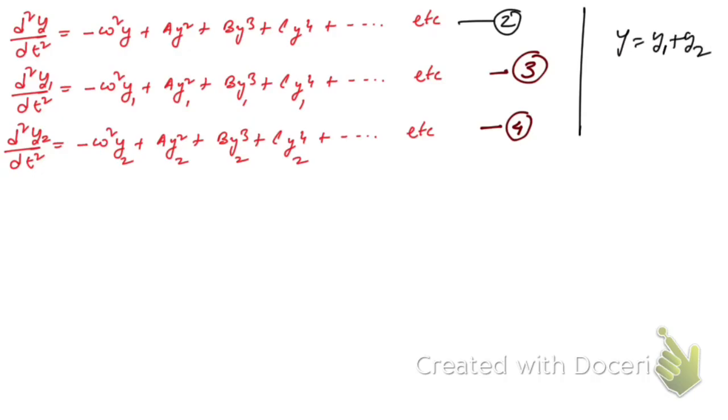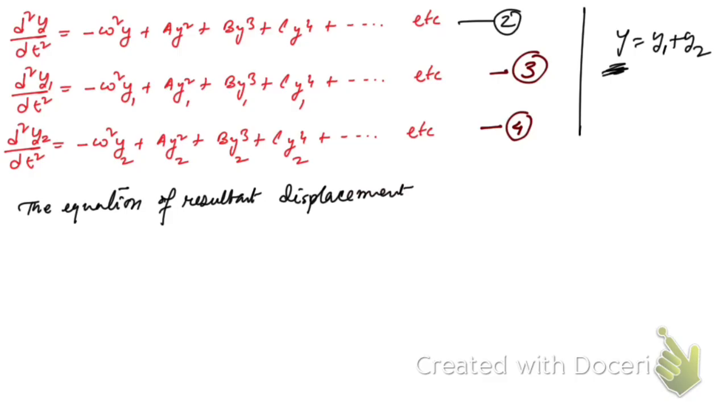Okay, so now for this y, the equation of resultant displacement will be given by, we can write, just wait, give me a second, let me write here y is equal to y1 plus y2.